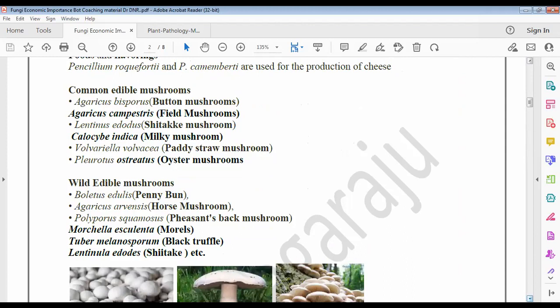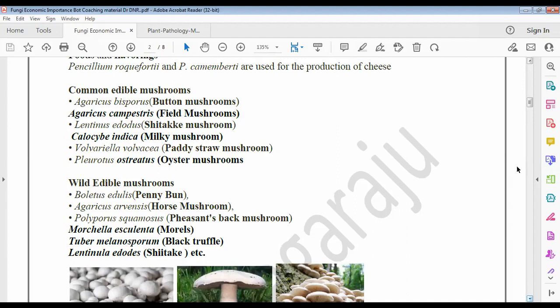This question has been raised many times. Which fungi are we using for the preparation of cheese? Which delicious cheese is prepared as a fermentation product?